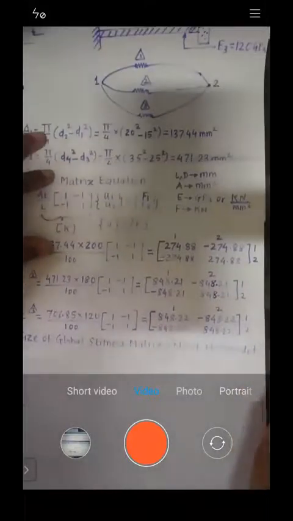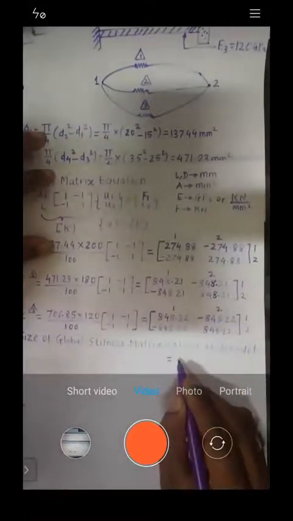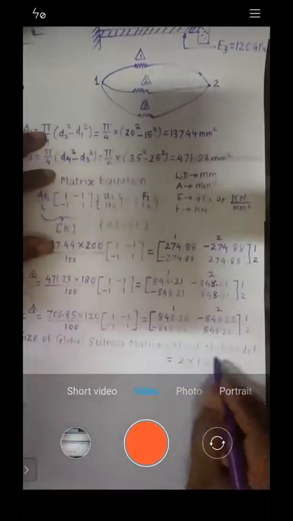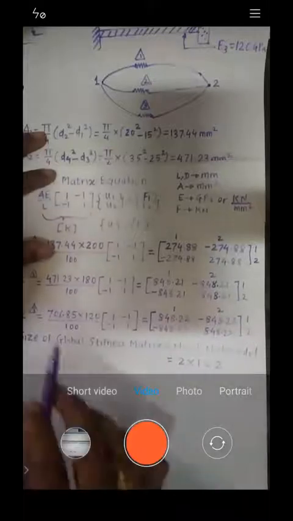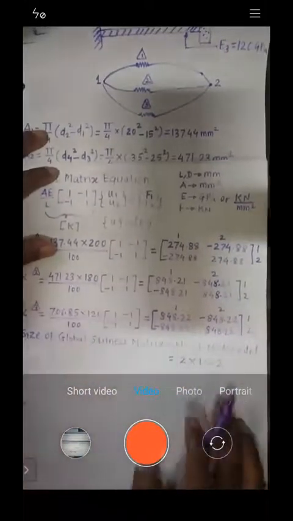Number of nodes here is 2 and degree of freedom is 1. So what multiplication are you getting? 2. So what is the size of the global matrix? It is 2 by 2, right?